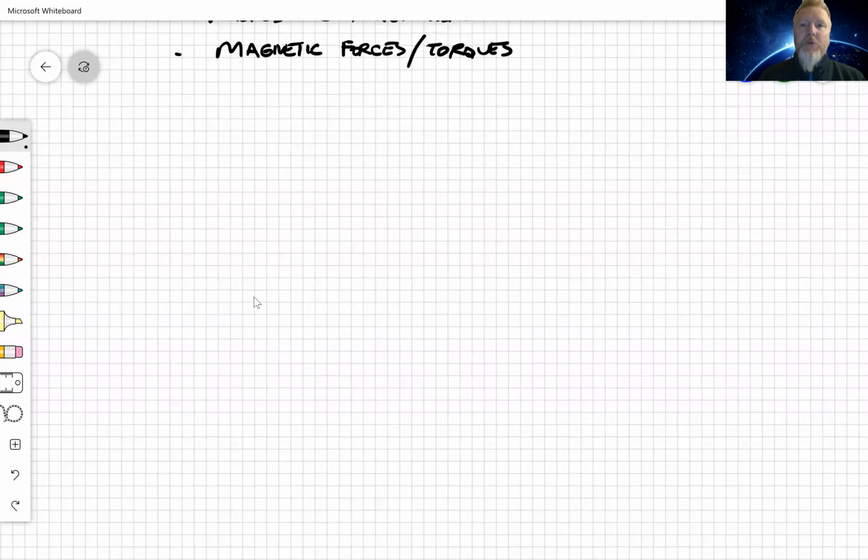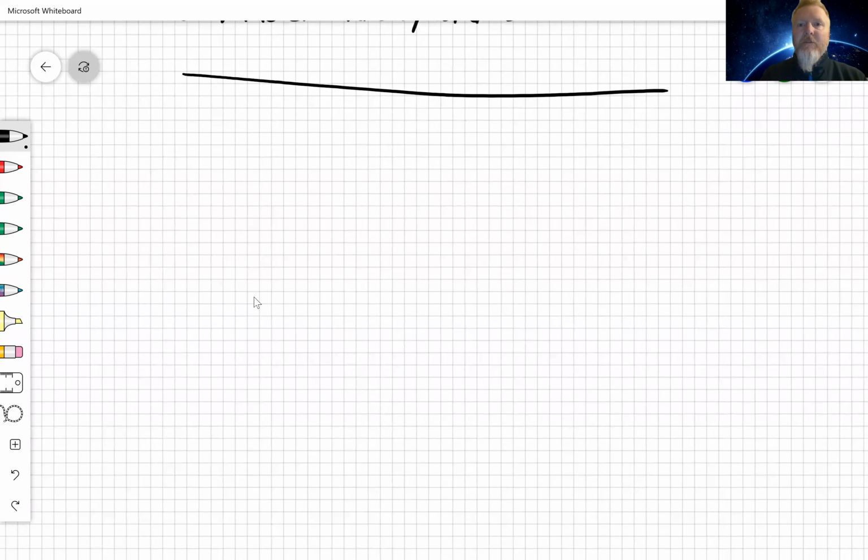Well, first of all, let's draw a magnetic field. We started off a little bit with drawing of the electric field. So let's draw the magnetic fields.